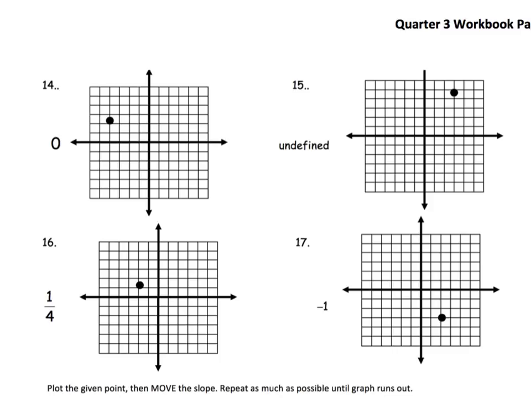Now turn to page 27. Number 14 says it has a 0 slope. Do we remember our acronym? HOI? Horizontal 0. So this would be a horizontal line.